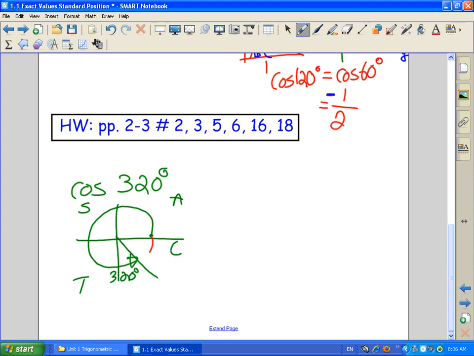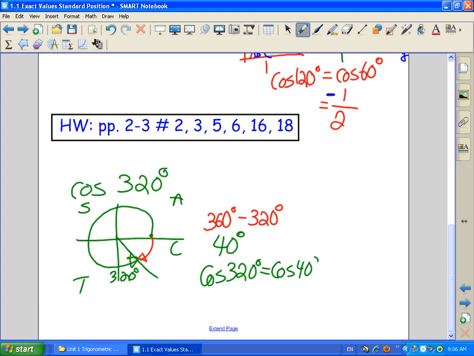Okay, so what would our reference angle be? And this time we need to figure out this reference angle. So again, hopefully you see the connection here. You take 360 degrees and you subtract 320 degrees, which equals 40 degrees. Okay, so basically cos of 320 equals cos of 40 degrees, and then you plug that in your calculator because it's not a special triangle, so you're not getting exact values here.